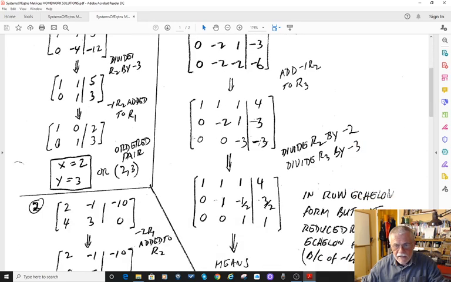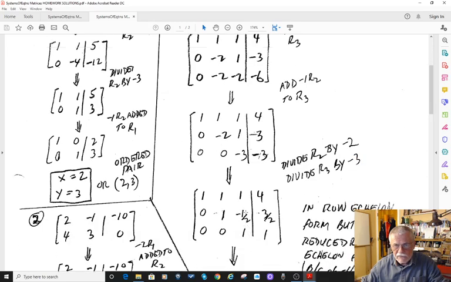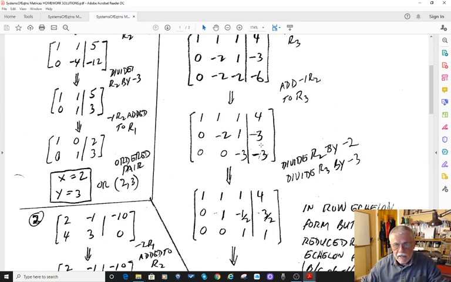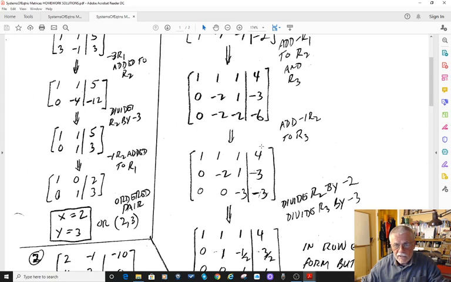But as long as I end up with row reduced form, I guess that's okay. So I'm thinking it may have been easier to take this row here and just divide everything by negative 2 and I get 0, 1, 1, 3. That would have been quite a bit easier, but I did not do that.